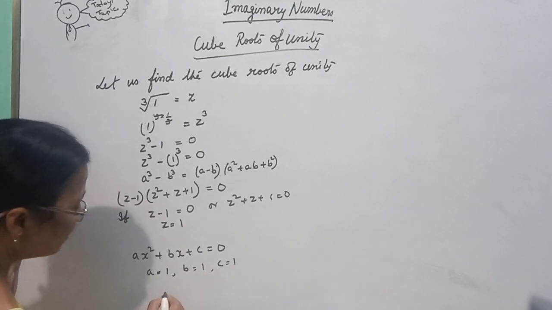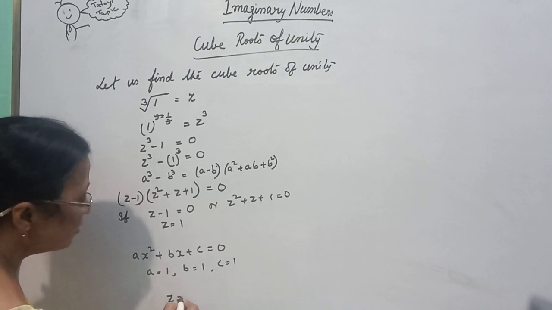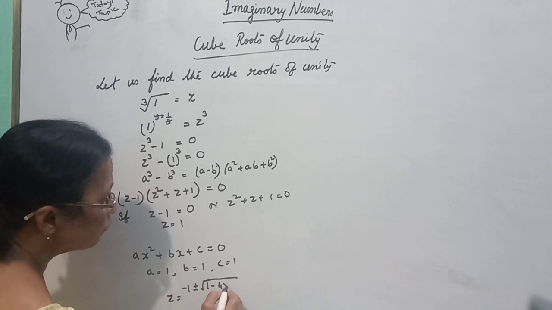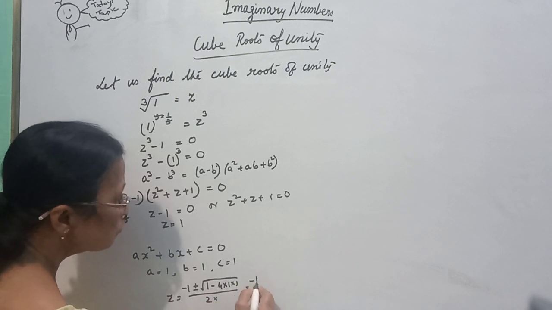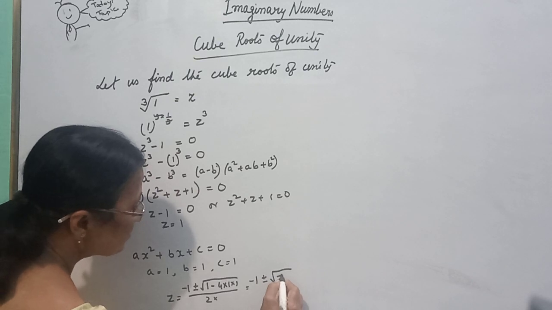So z equals minus 1 plus minus under root 1 minus 4 into 1, divided by 2. So this is minus 1 plus minus under root minus 3.